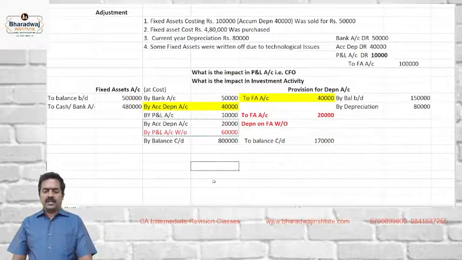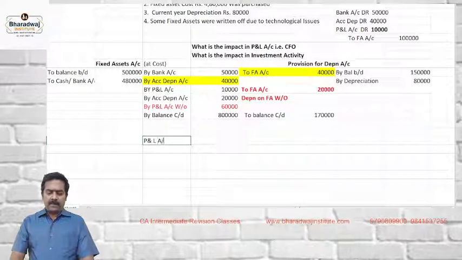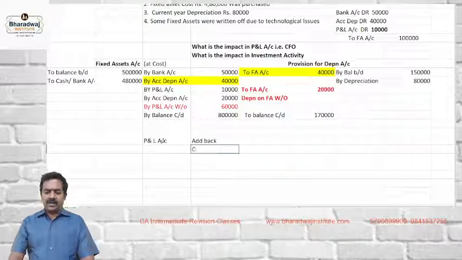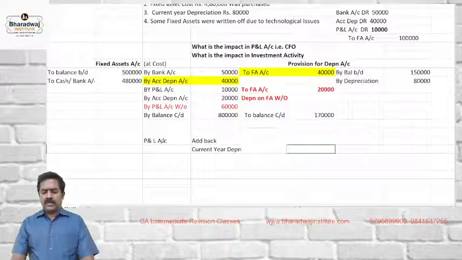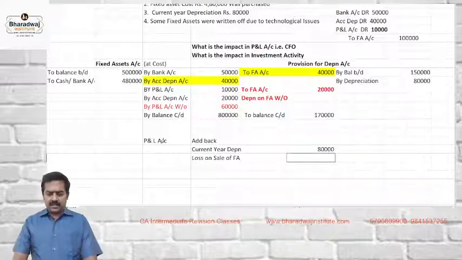Now coming to the question, what is the impact in P&L account? We will add back, in the indirect method, what? Current year depreciation. What is the current year depreciation? 80,000. Then loss on sale of fixed asset. What is the loss on sale of fixed asset? 10,000.